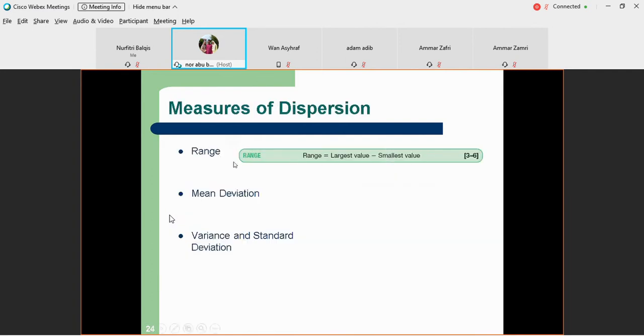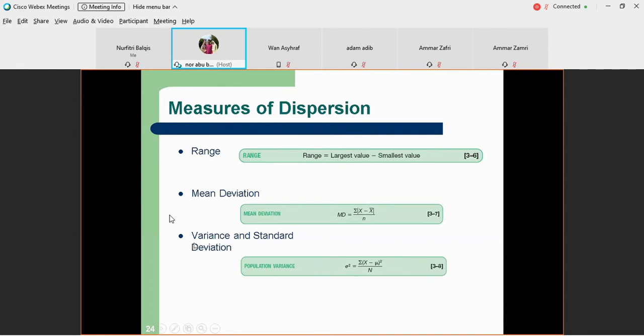Okay, range is one measure of dispersion and another measure of dispersion. Okay, simplest measure. That is just by taking a difference between largest value and smallest value. Okay, whereas, cuba awak tengok standard deviation dia ada dua kan.